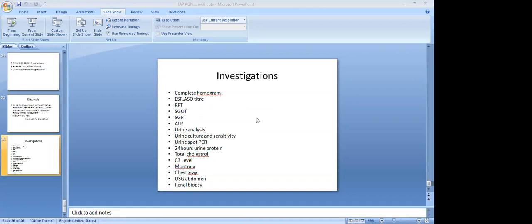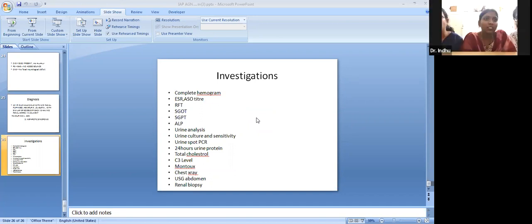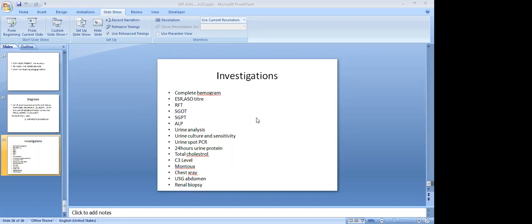Okay. What important counseling and advice you'll tell to the parents for this child while you initiate therapy? You have to counsel the parents also, right? Simultaneously. What all important things you'll tell to parents? Nutrition.